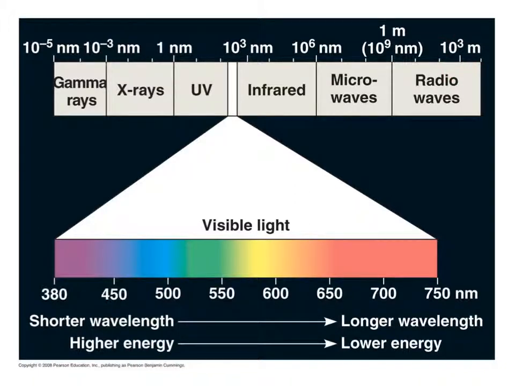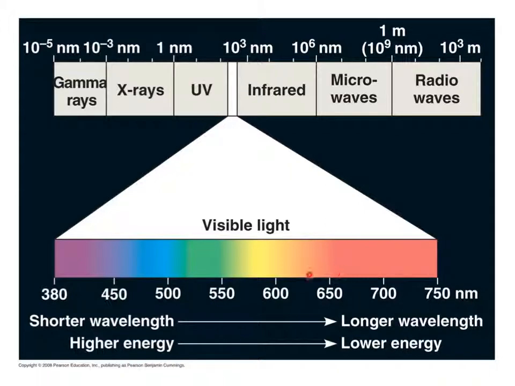In this electromagnetic spectrum, there's a part of it that's called visible light, and that's what we actually see as humans. Other organisms can pick up UV waves, sometimes infrared waves, but for us, we just see visible light. So visible light is the Roy G. Biv idea. So the red is the longest wavelength, the lowest energy.